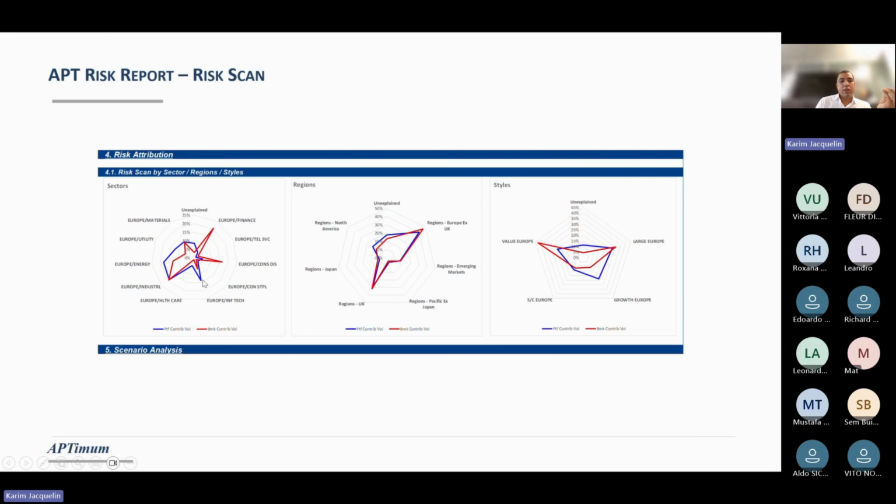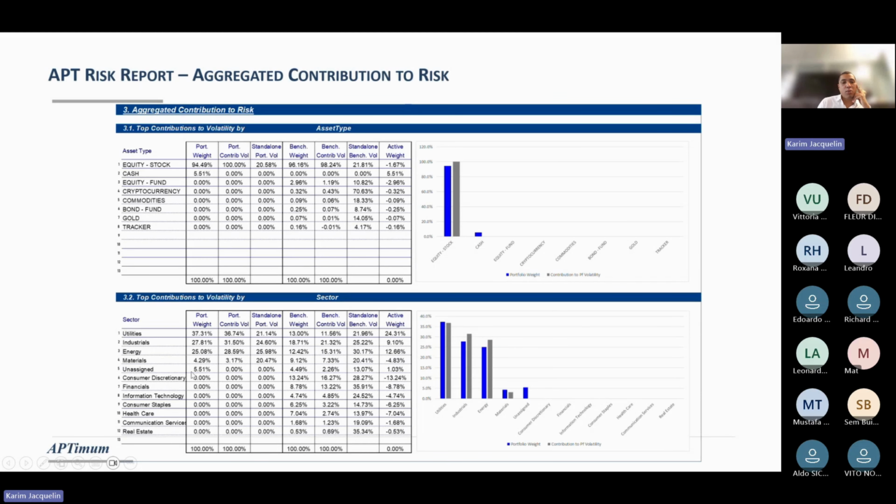But if you look at the information technology sector, and this is very interesting, you can see that the portfolio is more exposed to IT than the benchmark. But if you look at the portfolio decomposition and benchmark decomposition, you remember that the portfolio is not invested at all in information technology, while the benchmark has a 5% weight to this IT sector.